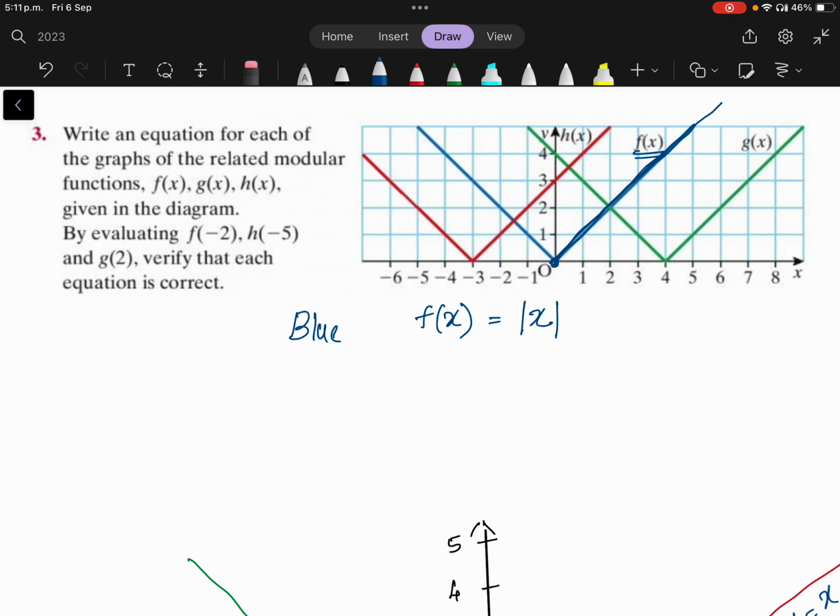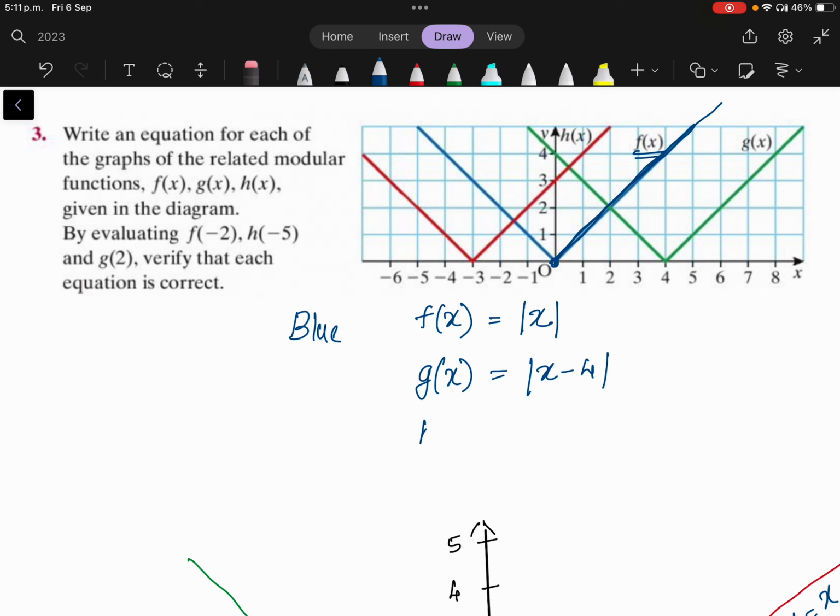Now the second one, g of x, the green one, is 4. So g of x is equal to x minus 4. Is it directly going down, or is it going up? It is going up, so it is the reflection. So it is modulus of x minus 4.